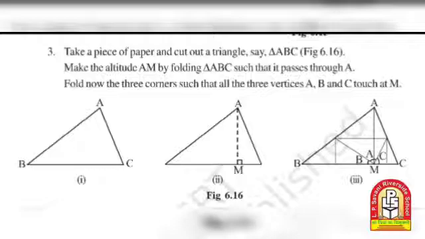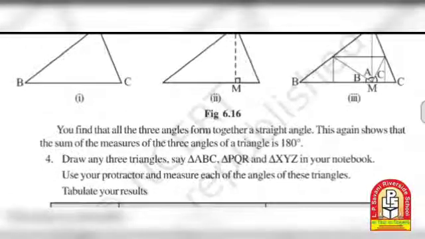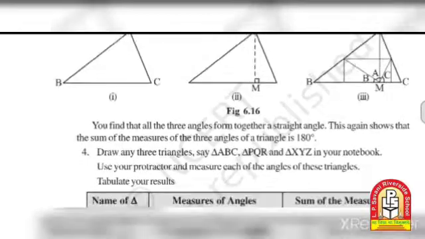Then you find that all three angles together form a straight angle. This again shows that the sum of the measures of the three angles of a triangle is 180.